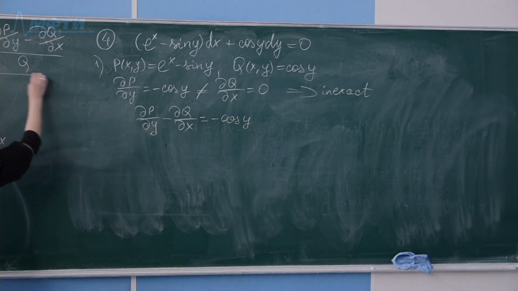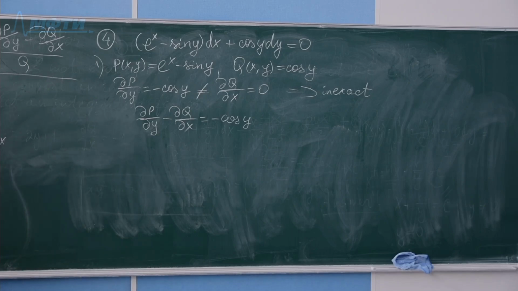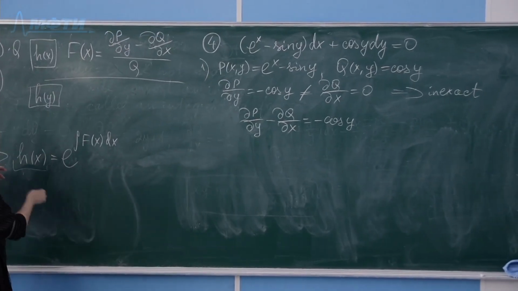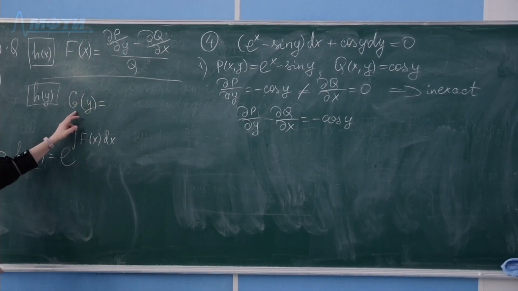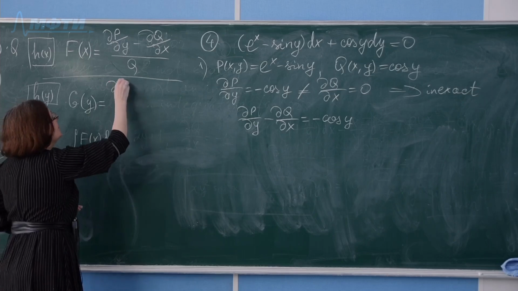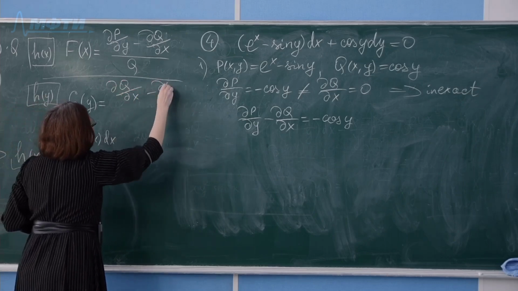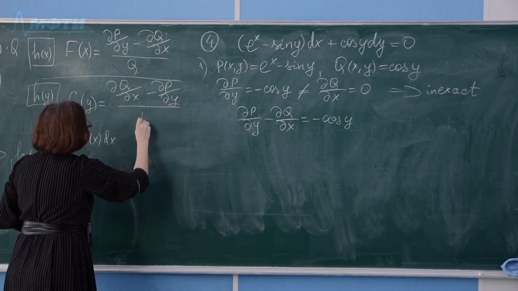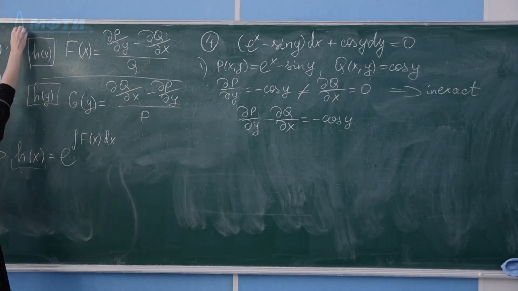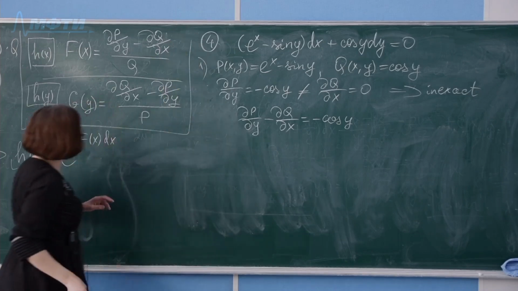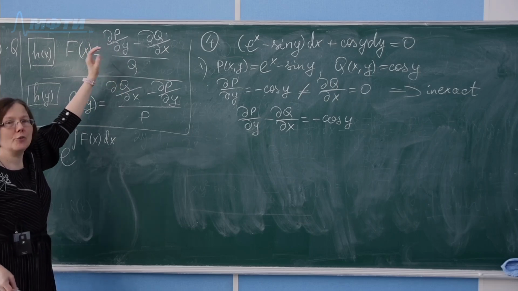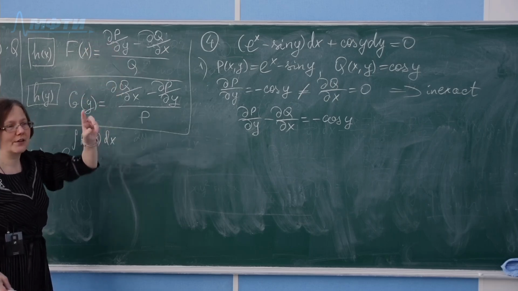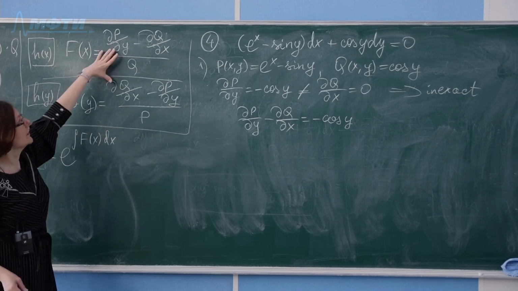Okay, so this is for the integrating factor h of x, and if h depends on y only, we will get the function, let's call it g of y, and it will be dq over dx minus dp over dy divided by p. To decide between these two cases, if we compare these two expressions, we can see that numerators are the same, they are different only in sign, right?